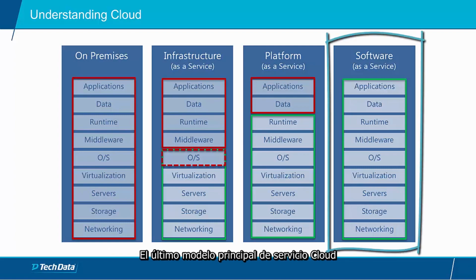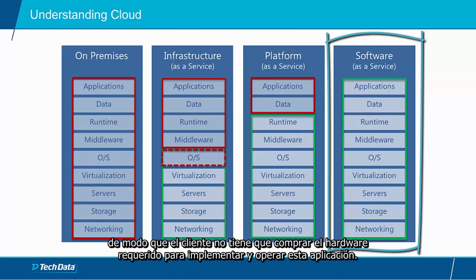Our last core cloud service model is software as a service, or SaaS. This service provides customers with a software application on demand over the internet, usually using a web browser. Like the other cloud service models, SaaS is hosted at the cloud provider, so the customer does not need to purchase the hardware required to deploy and operate this application.